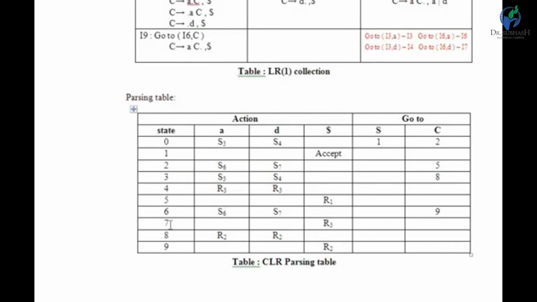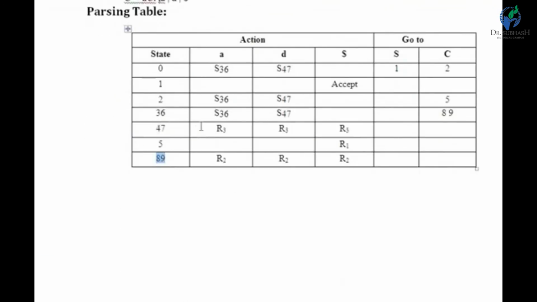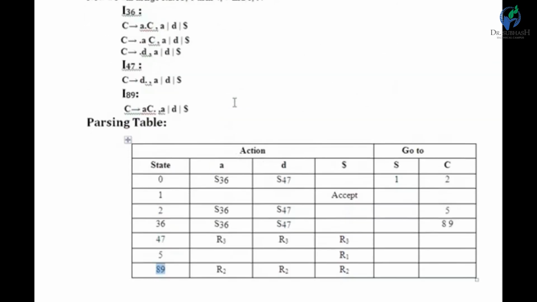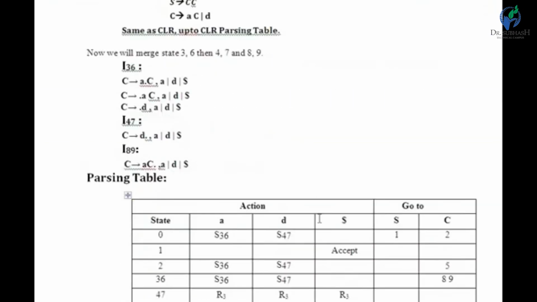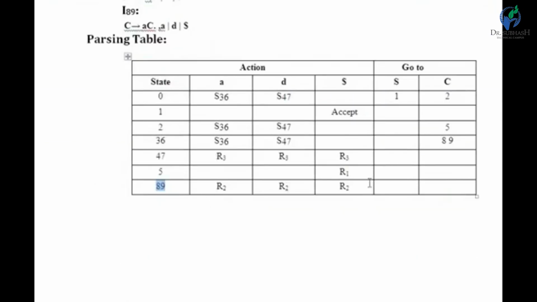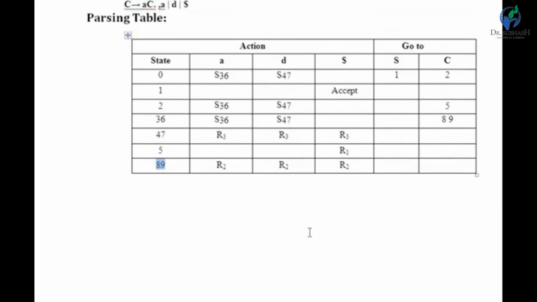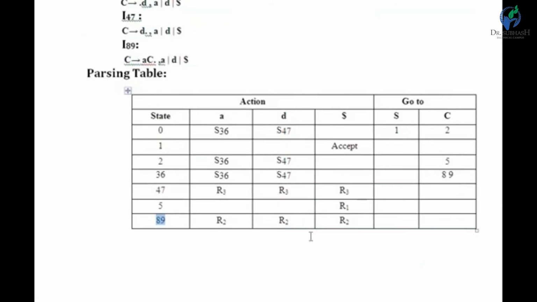So these 4 and 7 are combined, and the new state will be 47 with reduce entries at A, D and dollar. Next combine 8 and 9. So your reduce entry will be 89 R2, R2 and R2. So this is your LALR parsing table.